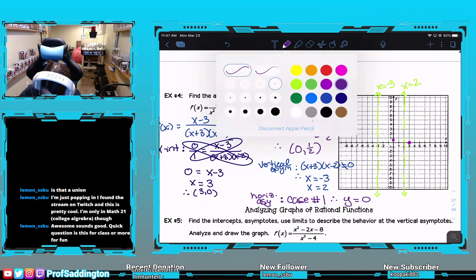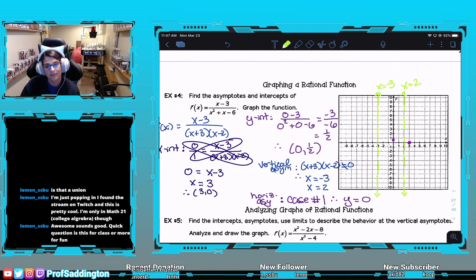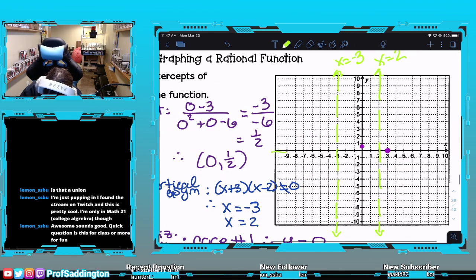Now, you might be thinking, oh snap, but there is a point on that asymptote. This is a rare case where it is actually okay. That just means that there's a little exception there. So that point is still going to exist, but nothing else on the function will be allowed to touch the asymptote. This is just like a really weird exception.